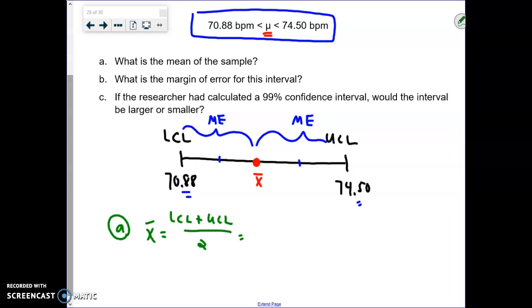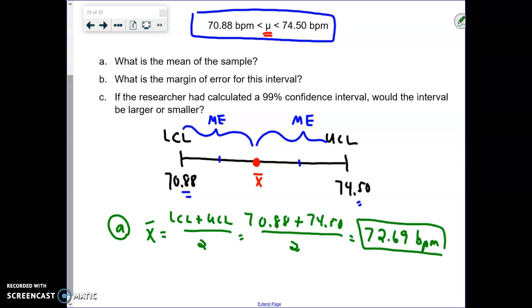So you take 70.88 plus 74.5 and divide it by 2, and you should get 72.69 beats per minute as our sample mean. That's what this is right here. Again, it's right smack dab in the middle of our confidence interval. That's our point estimate.